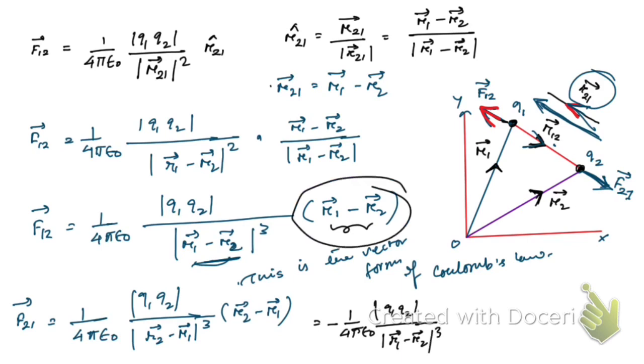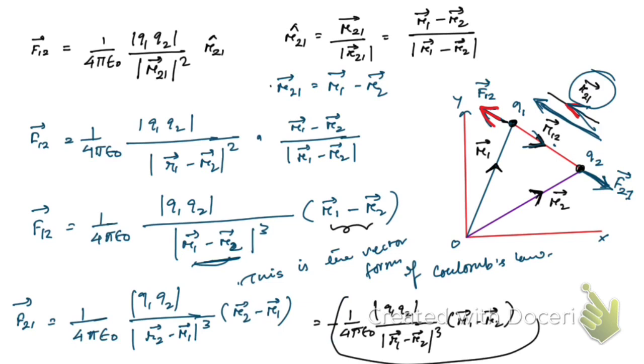If you alter this, then we get minus here, r1 minus r2. So this part is nothing but F12, so this is equal to minus F12. So we can write that F21 is equal to negative of F12. That means these two forces are equal and opposite. Hope you have understood this.